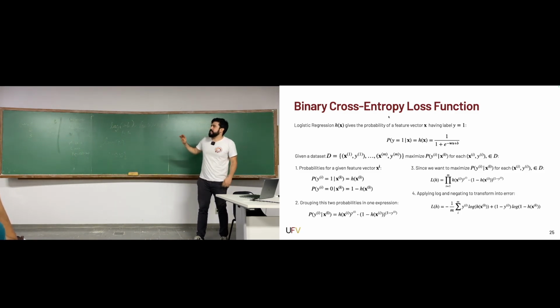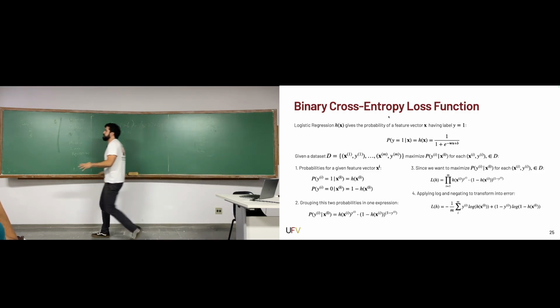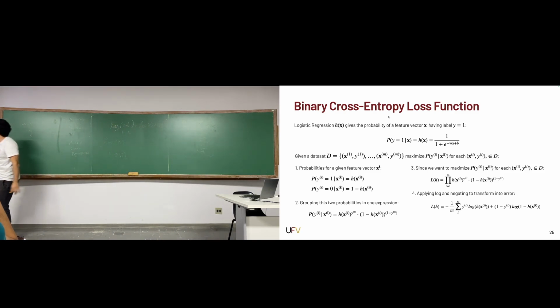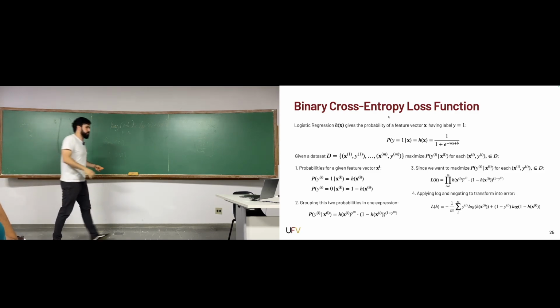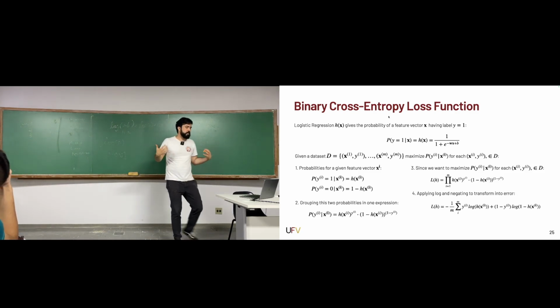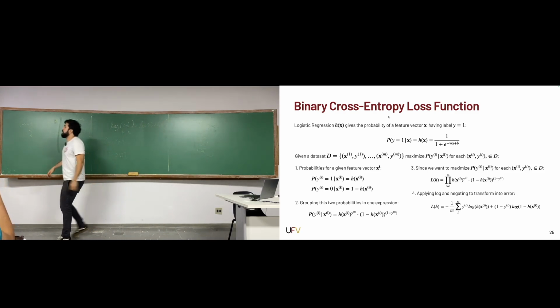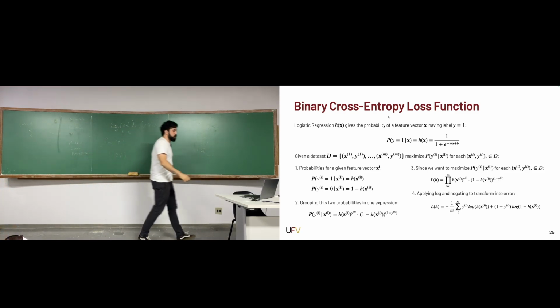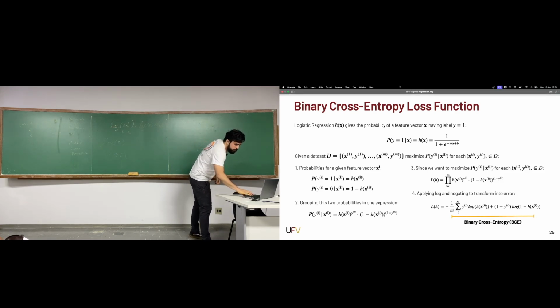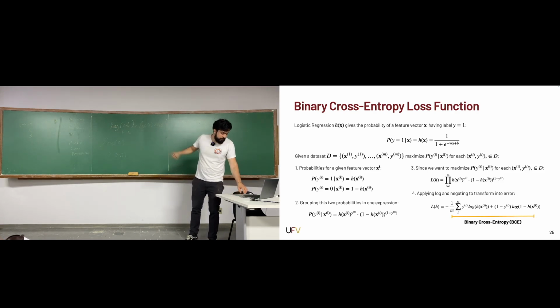But anyway, I don't want to spend too much time. I just want to give you some intuition of how this loss function came to be. People built it based on probability theory, and this is what we call the binary cross entropy loss function. And this is the function we're going to use for logistic regression.